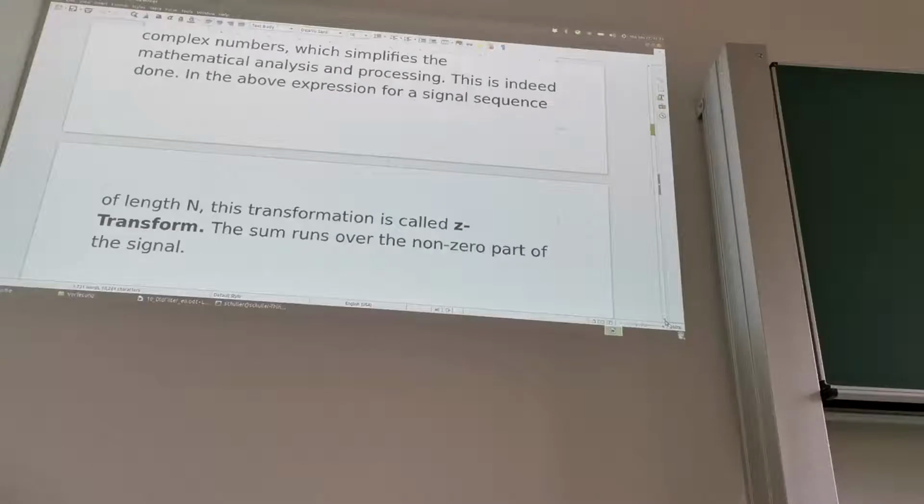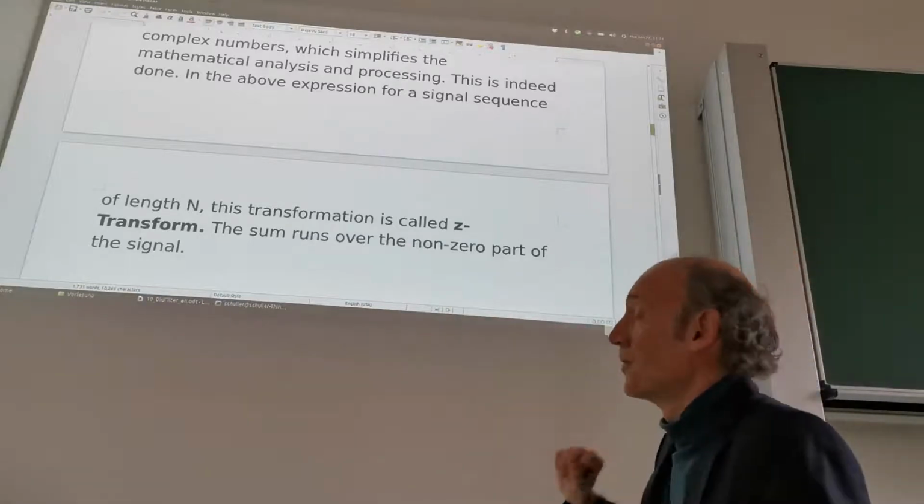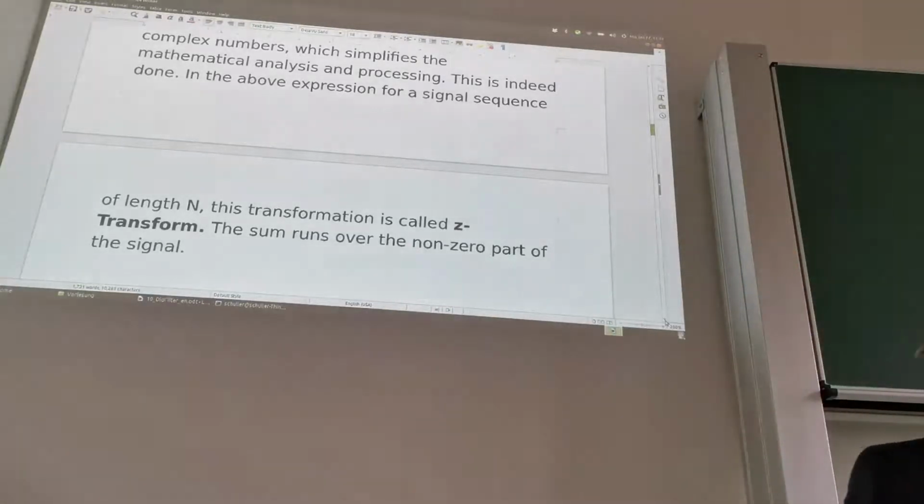And in the above expression, for a sequence of length n, this transform is called the z transform. Kind of obvious because we now have a z instead of this complex exponential. Have you heard about z transforms before? We've heard the term that it exists, but not really.